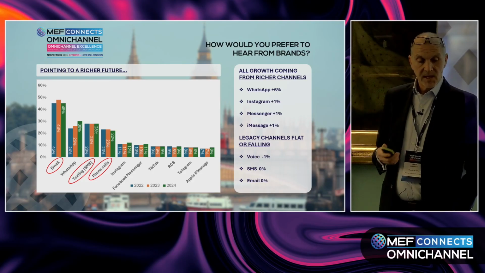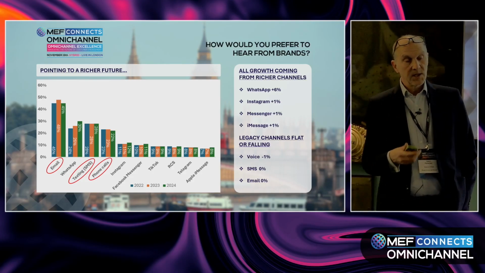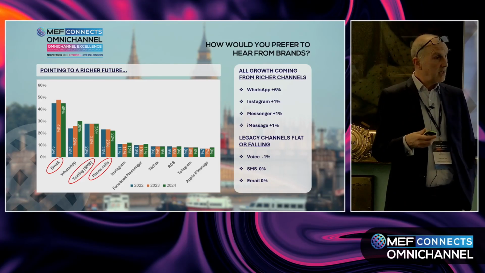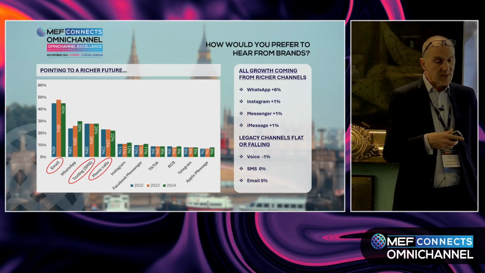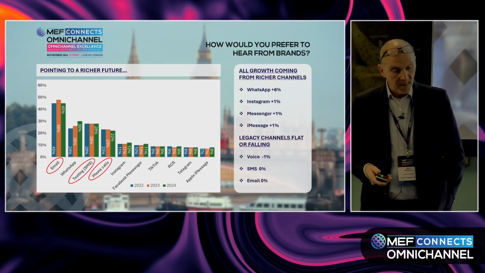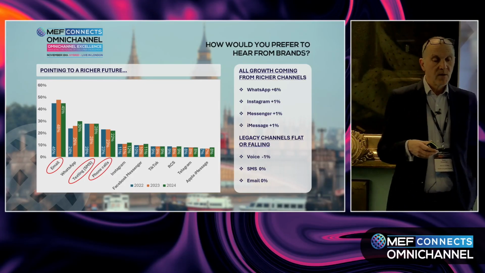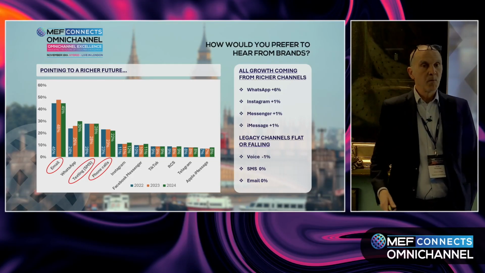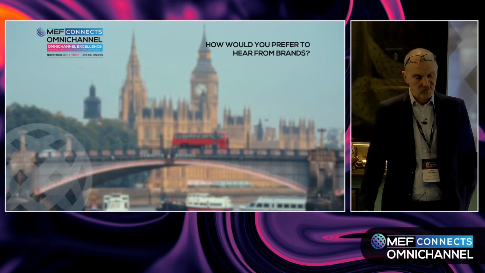WhatsApp is now the second most preferred channel to hear from brands, up 6% and overtaking SMS this year. Instagram, Messenger, iMessage, all at 1%. And if we look at the change among different demographics, we'll see that this trend will only accelerate.